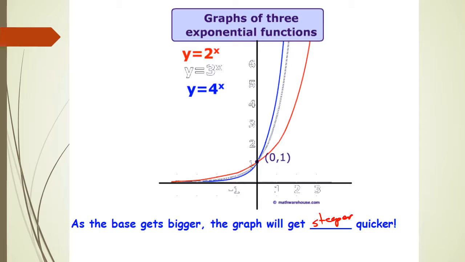You notice it increases in value a lot quicker. Steeper is a word I like to use with this. It gets taller quicker. The rate of change in y goes up. So we're increasing in value substantially quicker.